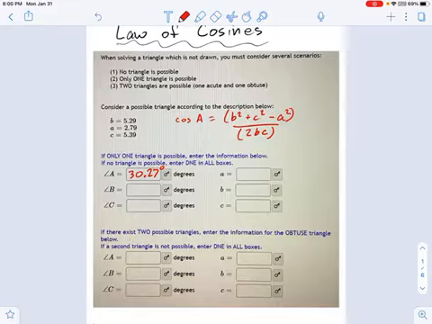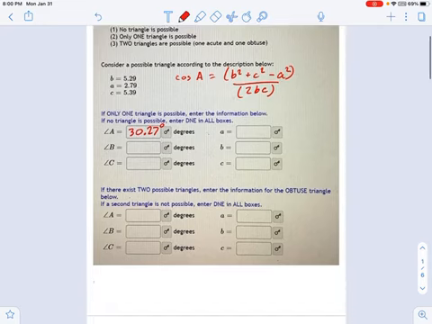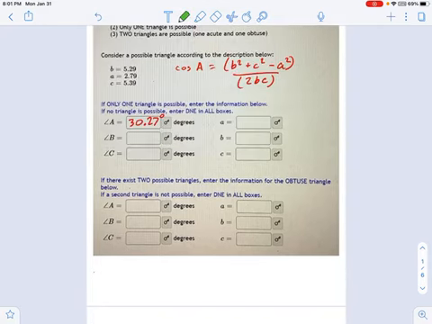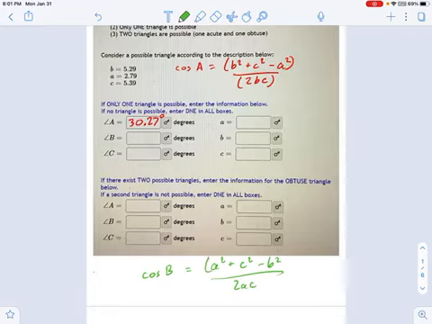So I would use the next law of cosines, which, let's see, I've got a little space down here. Let's write another one. I would say, okay, let's go for angle B. Cosine of B equals a squared plus c squared minus little b squared over 2ac. Okay, so we type in some things, and again, I'm going to do the top first.